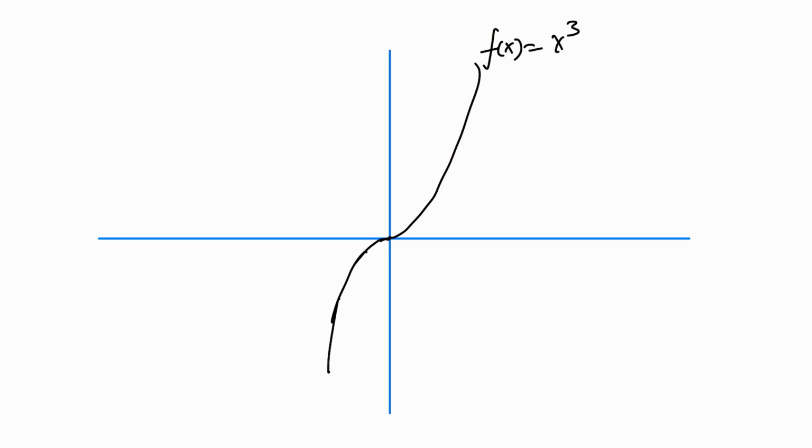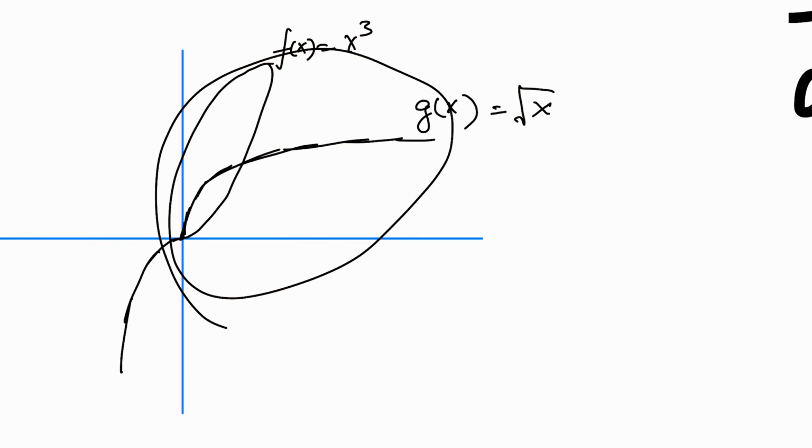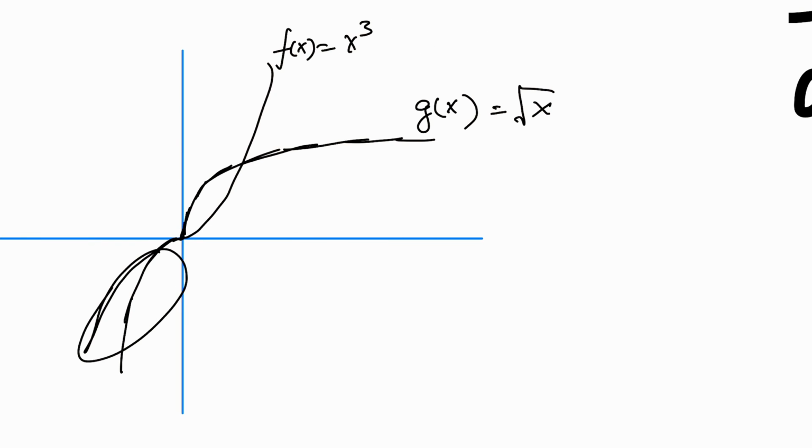Let's say g of x is equal to the square root of x. And obviously we just want this part of the graph because it is not defined over here. We can rewrite this as x to the 1/2.